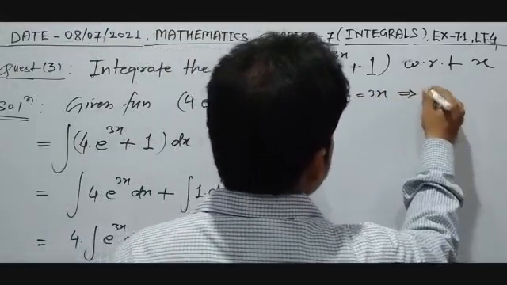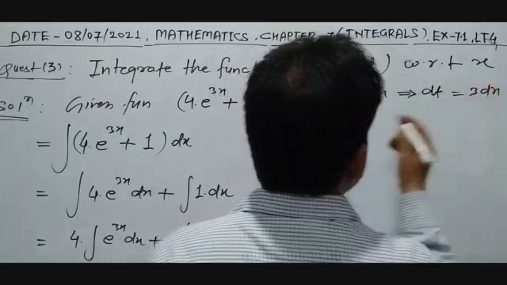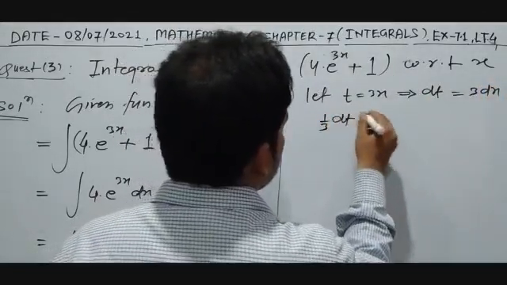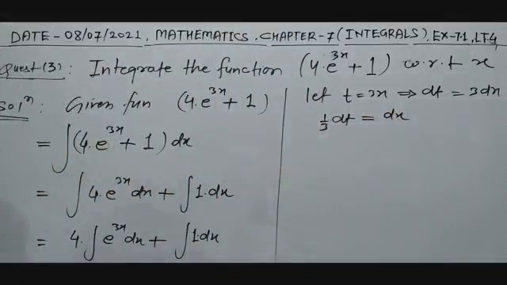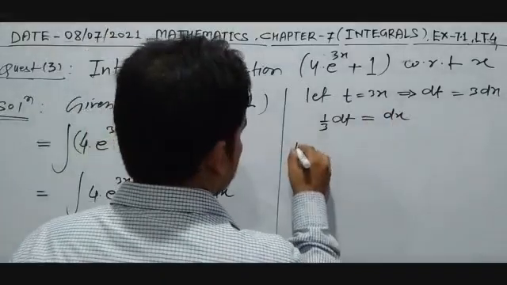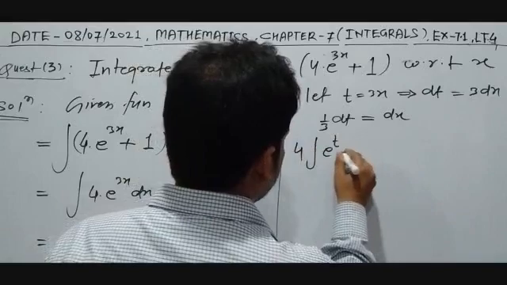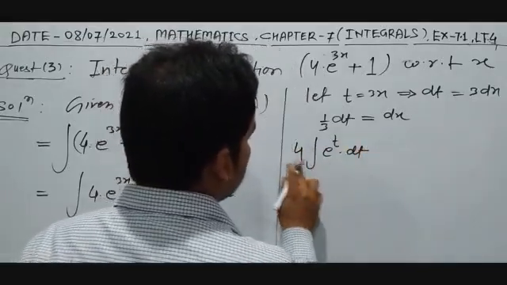This implies dt by dx is equal to 3, or 1 by 3 dt is equal to dx. So this integration will be changed in terms of t. So 4 times the integration of e to the power t dt by 3. The 1 by 3 will be outside the integration.